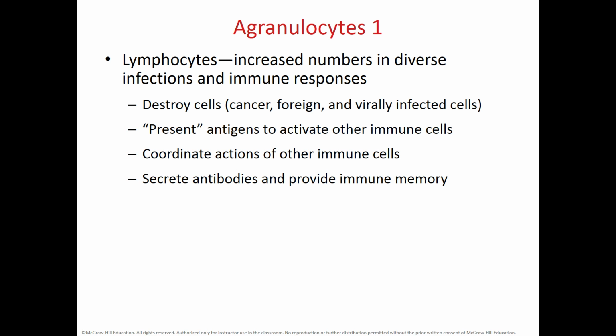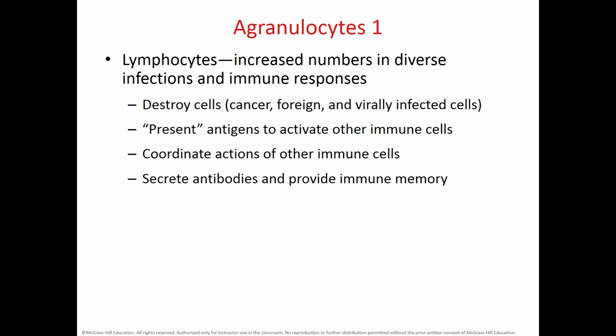So lymphocytes increase in number when someone has many diverse infections or immune responses. Functions of the lymphocytes in general are to destroy cells like cancer cells, foreign cells, and virally infected cells.